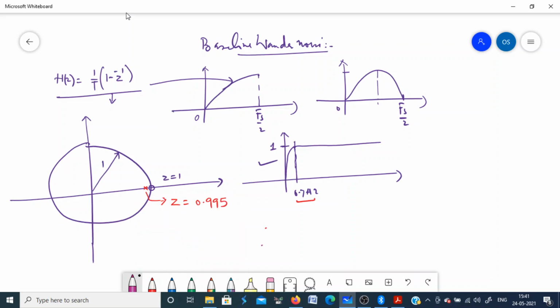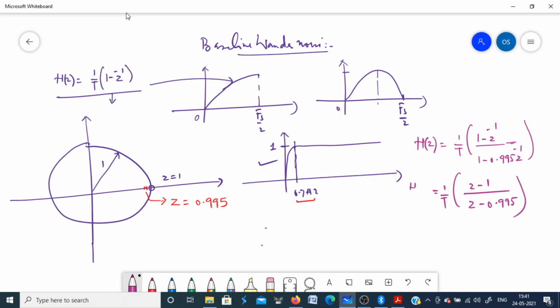Okay, so the transfer function of the system now becomes 1 by T, (1 minus z inverse) upon (1 minus 0.995 z inverse). So you have a pole at this point at z is equal to 0.995. Okay, or you can write it as 1 by T, (z minus 1) upon (z minus 0.995). This is my transfer function.